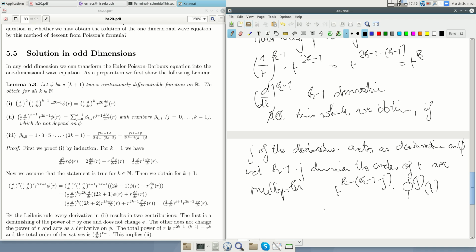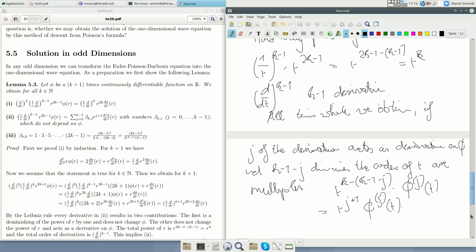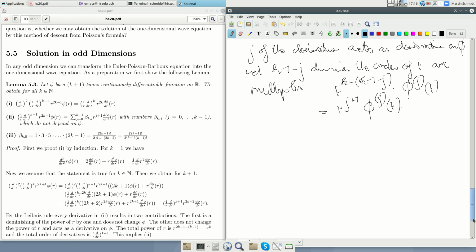What is this power here? k minus k is of course 0, minus minus is plus 1. This is r to the power of j plus 1 times phi_j of r. So it's really exactly of this form. And j can vary from 0 to k minus 1, because here we have only k minus 1 derivatives.